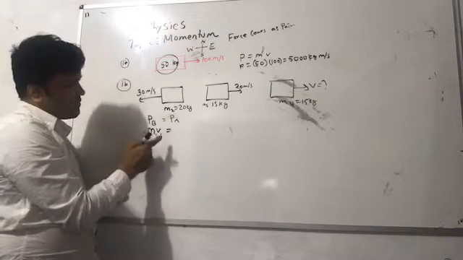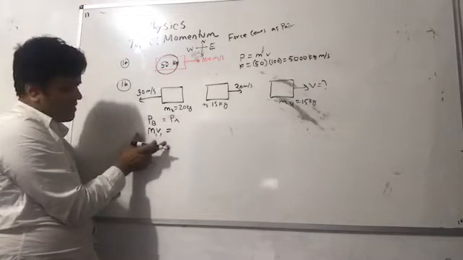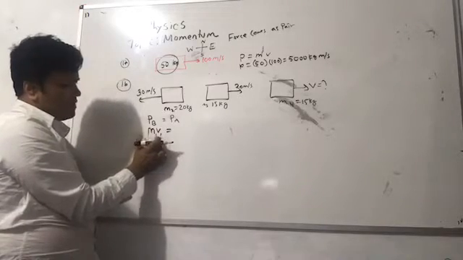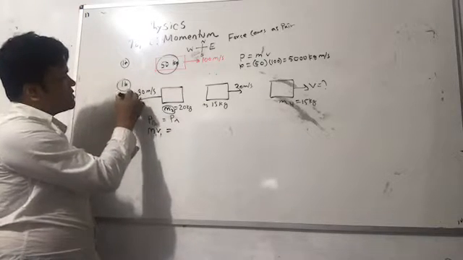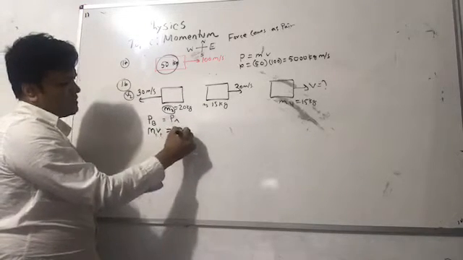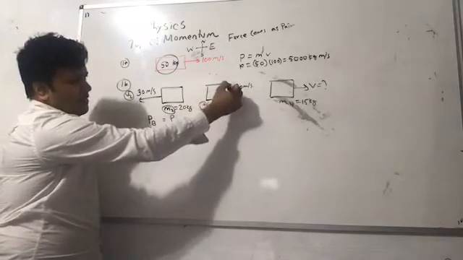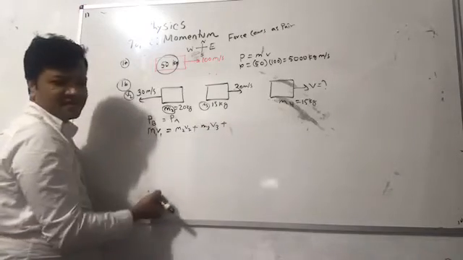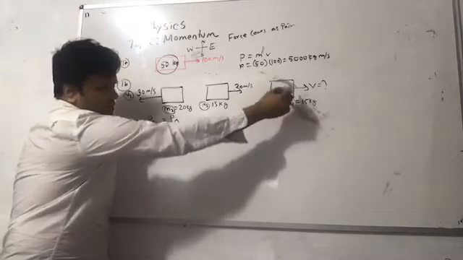The force comes as a pair. M1 V1 is equal to M2 V2 plus M3 V3 plus M4 V4.